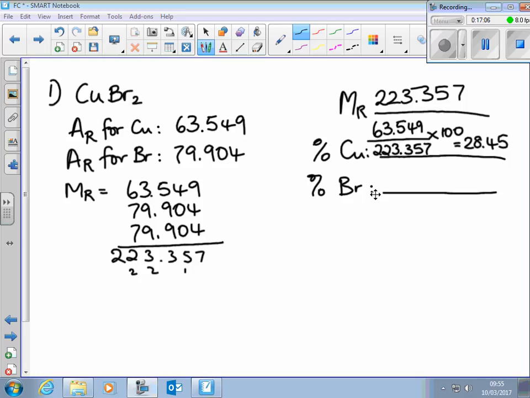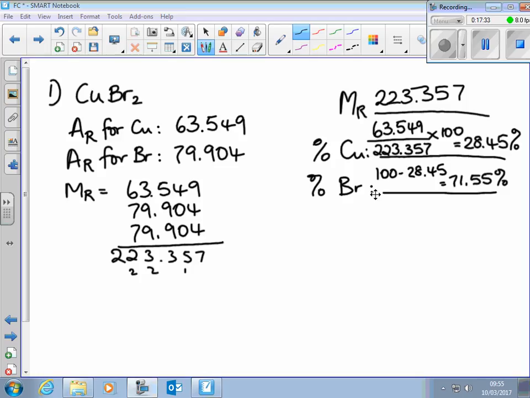So that's an easy one because there's only 2 in it. So, yeah, 100% actually, minus the 28.45 will give us 71.55. All right, so those are the percentages. So the bromine actually makes up a much bigger percentage of that formula. All right, so it's just getting things in proportion a bit.